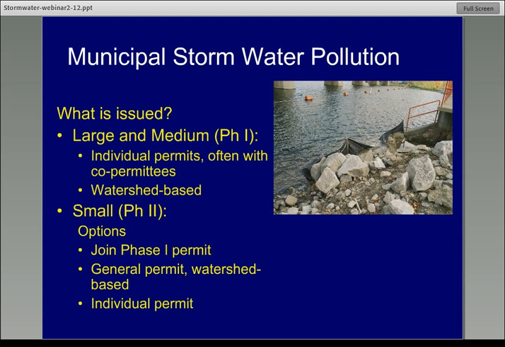At that time, the larger and medium Phase 1 communities, you might have heard the terms Phase 1 and Phase 2, were supposed to have been permitted and working on their stormwater management plans for more than 5 years, certainly, but sometimes some entities were in their second round of 5-year permits. When the small ones came in, a lot of the discussion was about not individual permits, but how they would be implemented in general permits.